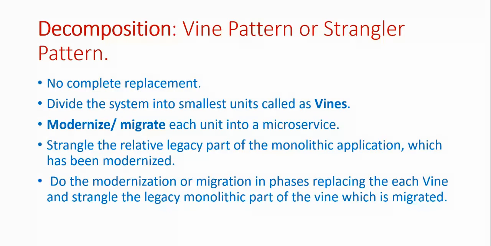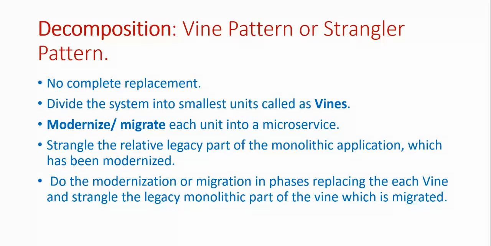That means you are converting a small vine into a microservice. You will be required to repeat this process for all other vines, so that you complete the entire modernization process of migrating the monolithic application to microservices. This is the thing that we need to understand.